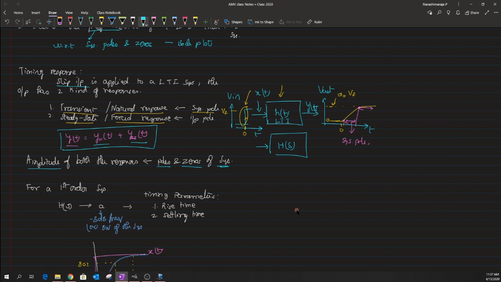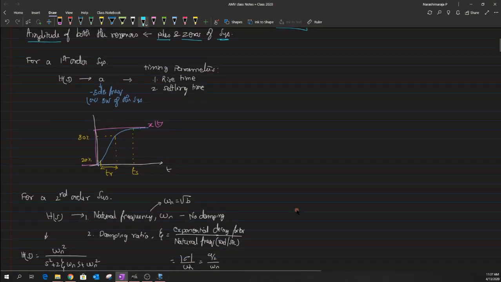So we began with the discussion of a first order system, and we have taken a system having a transfer function in S domain as something like a divided by S plus a.